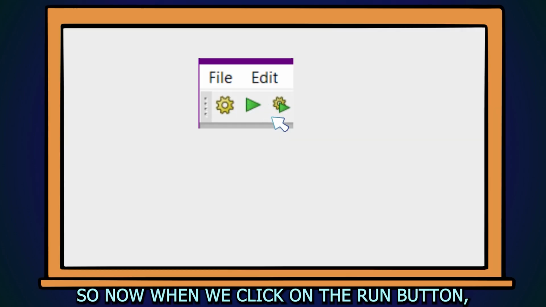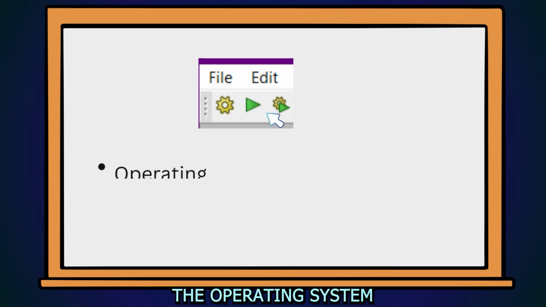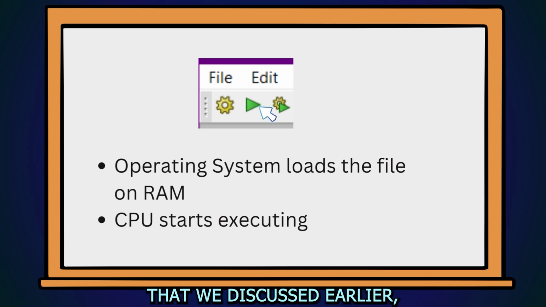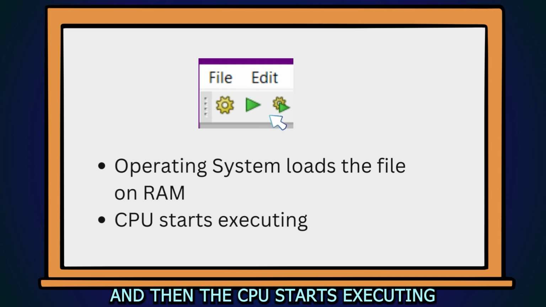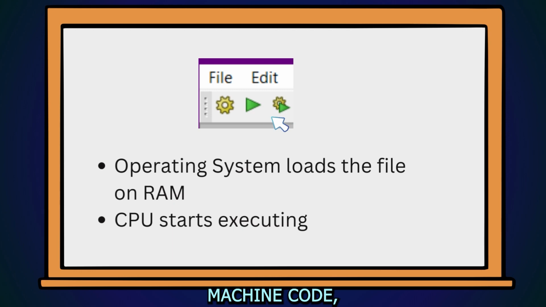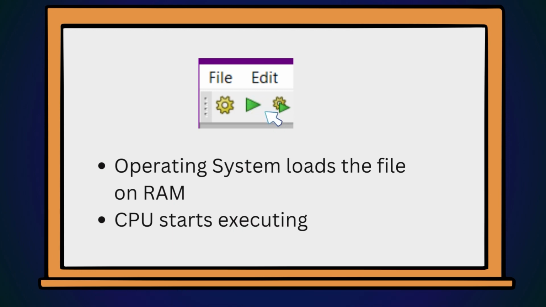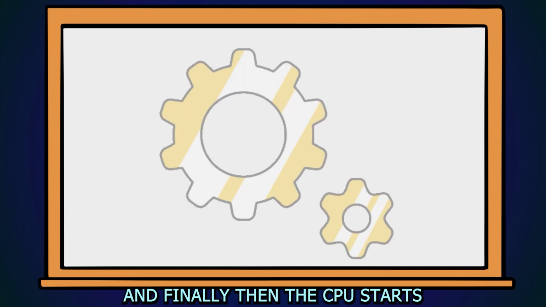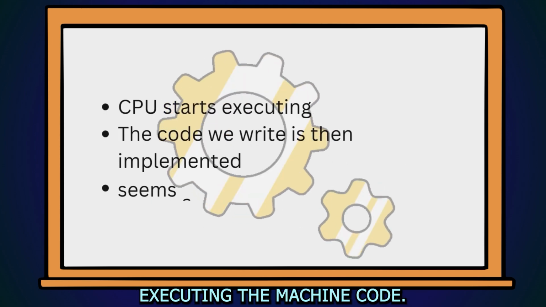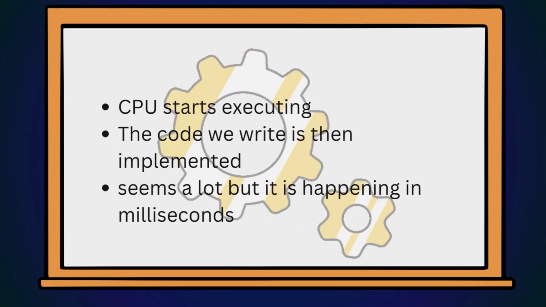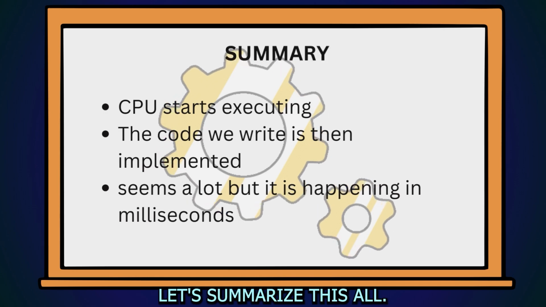So now, when we click on the run button, the operating system that we discussed earlier loads the executable file into the RAM, which is main memory, and then the CPU starts executing the machine code, also known as the binary executable file. Let's summarize this all.